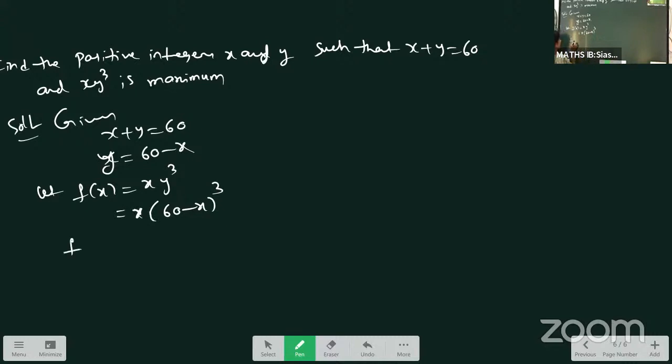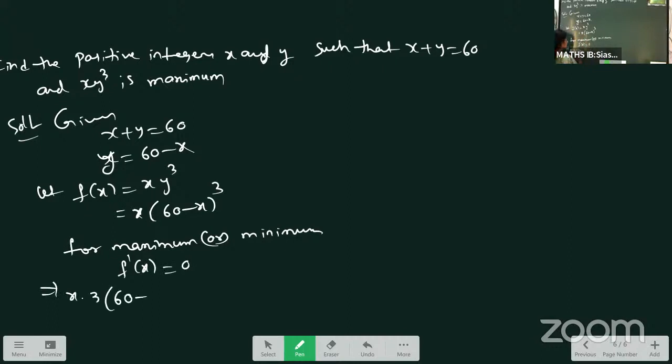Now, for maximum or minimum, f dash x is equal to 0. We'll find f dash x: u into v dash, 3 into (60 minus x) whole square into derivative of (60 minus x), which is minus 1, plus (60 minus x) whole cube into 1 is equal to 0.